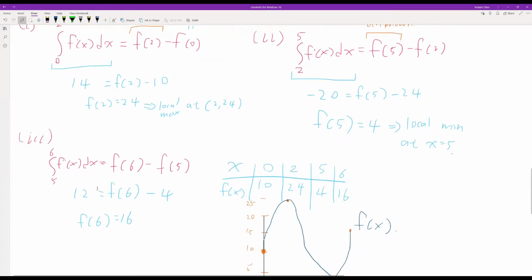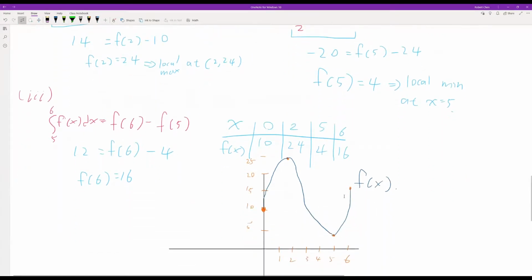Now, of course, you also want the values for the endpoint, so we know where this graph is going to go on one of the endpoints. Okay, so this is just a really rough sketch of the function f. In reality, it might not be that accurate, but it will have the form or the behavior of what we have here.